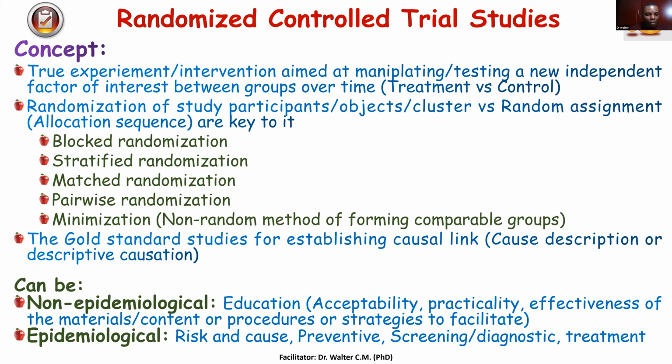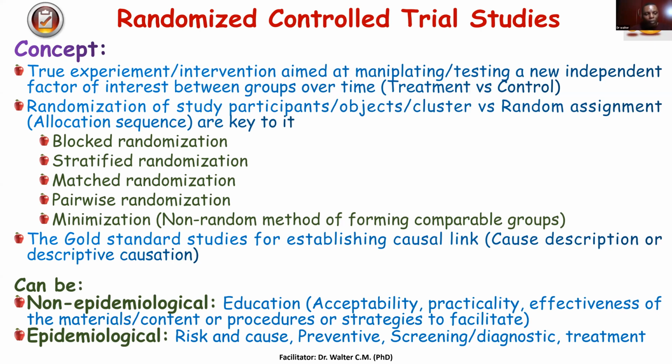See, and then there are those which are more epidemiological. Yeah, see, you are dealing with the issues of health-related problems. You can deal with risk or causal, preventive, screening, diagnostic randomized controlled trials. So you have risk or causal randomized controlled trials that are dealing with the causes of the problem, risk factors of the problem.